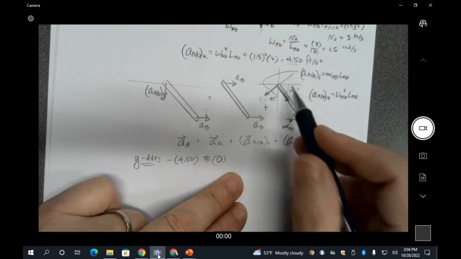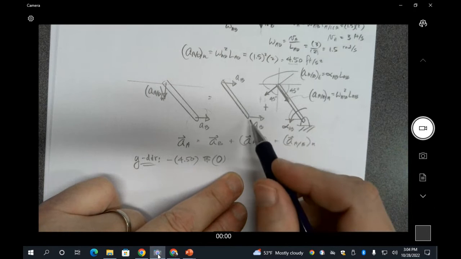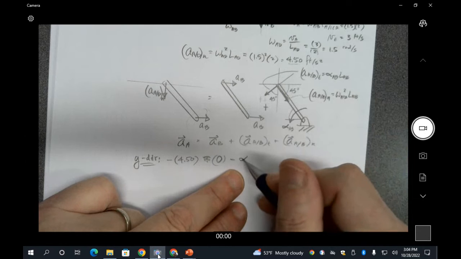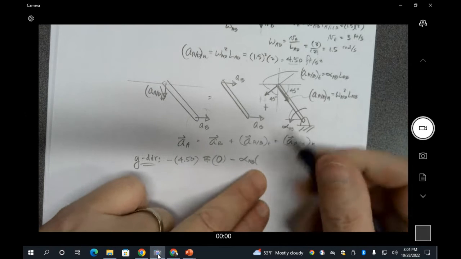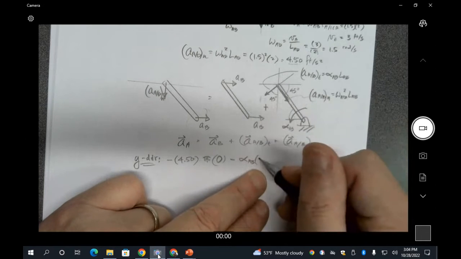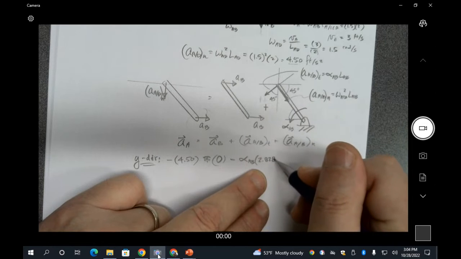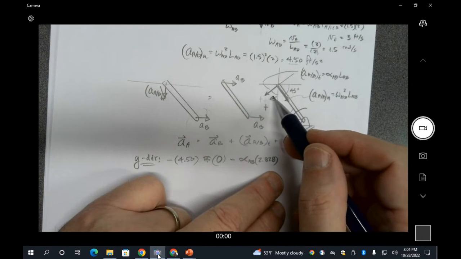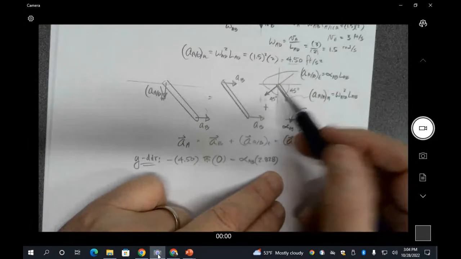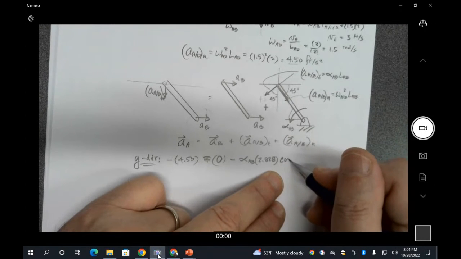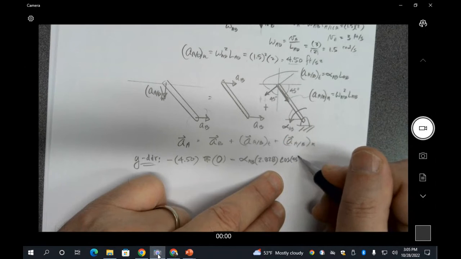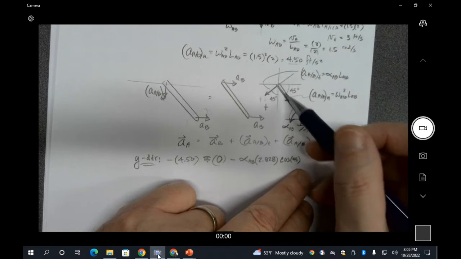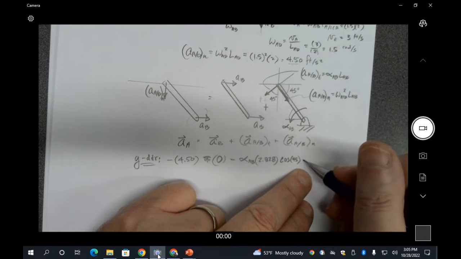Tangentially, we're going to say that we have, it's going to be also negative, and it's going to be alpha AB times the length of AB, which we know is 2.828. But we want to be careful and only use the part that's in the y direction. So we need to take the cosine of 45.